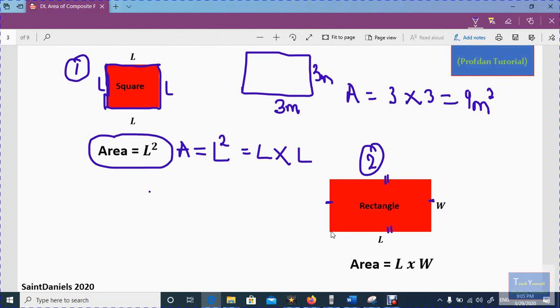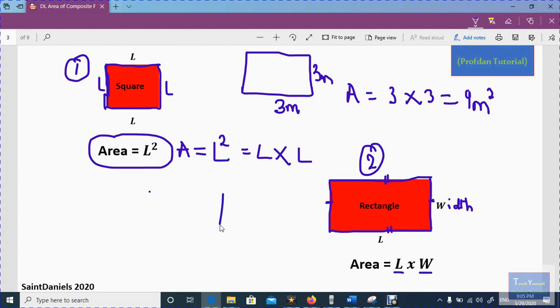If this is taken as the length, that means this is also the length. And if this side is taken as the width, then this is also the width. So we say the area of a rectangle is the product of its length and width.